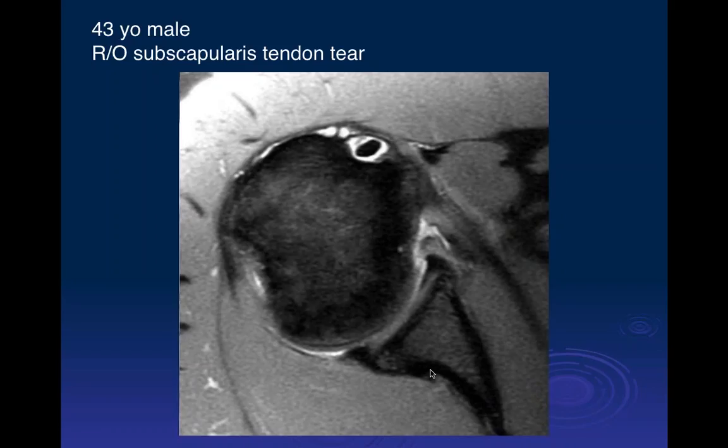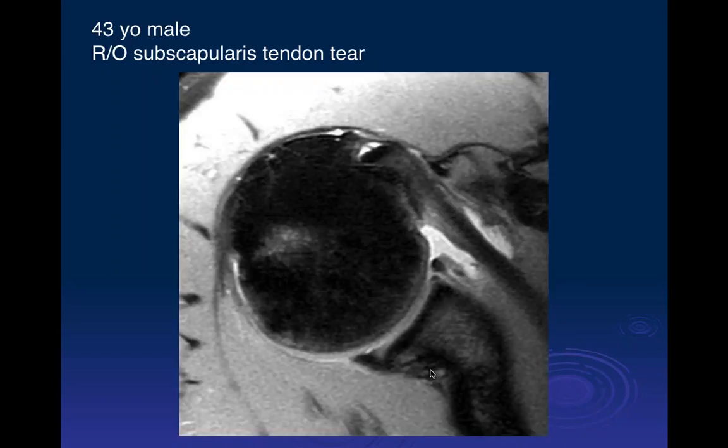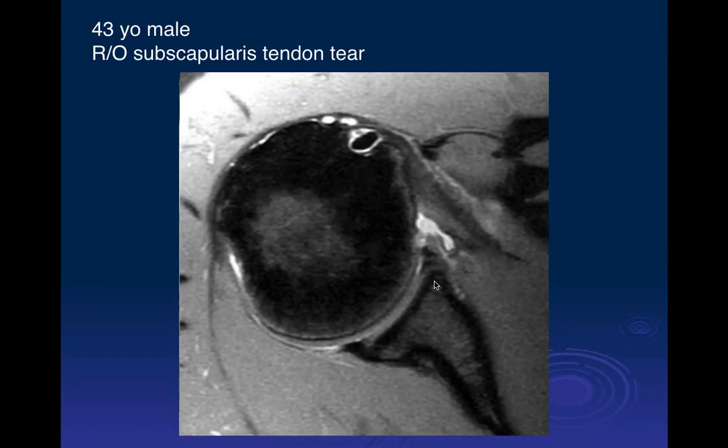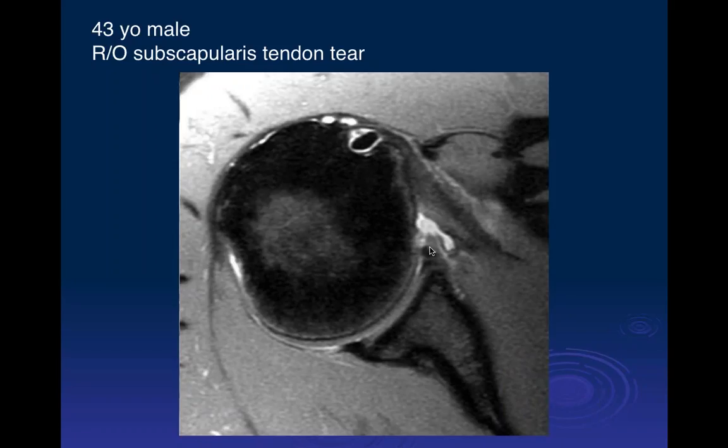what we're seeing is another structure which I believe is the high attachment of the inferior glenohumeral ligament. If we look at this, we have these structures here, and the most anterior structure has kind of a gray signal. Then we have these two structures which are dark. If we follow them down, here we have those three structures. Now notice these two, there is this cleavage plane between them.